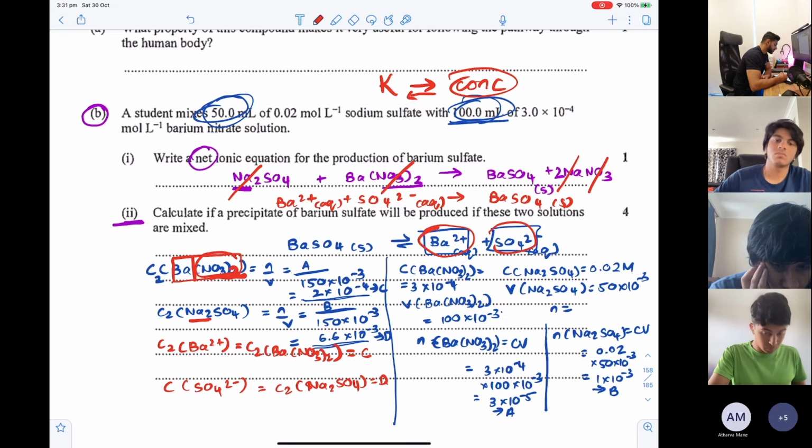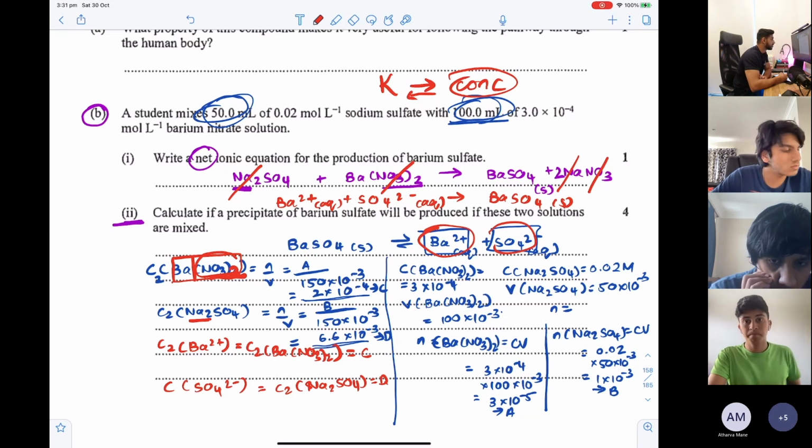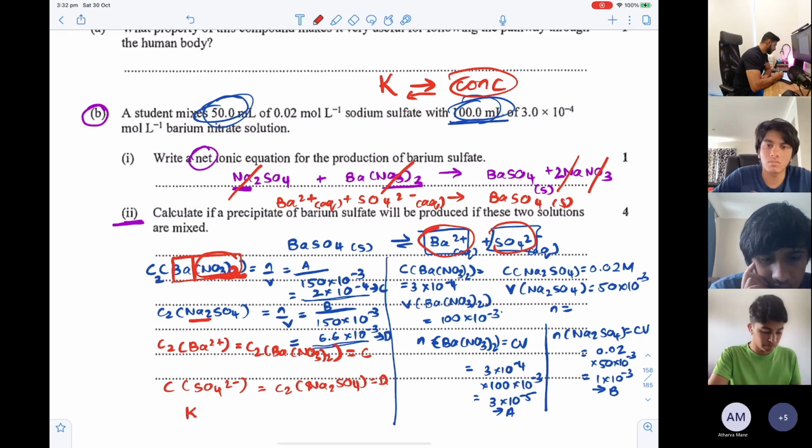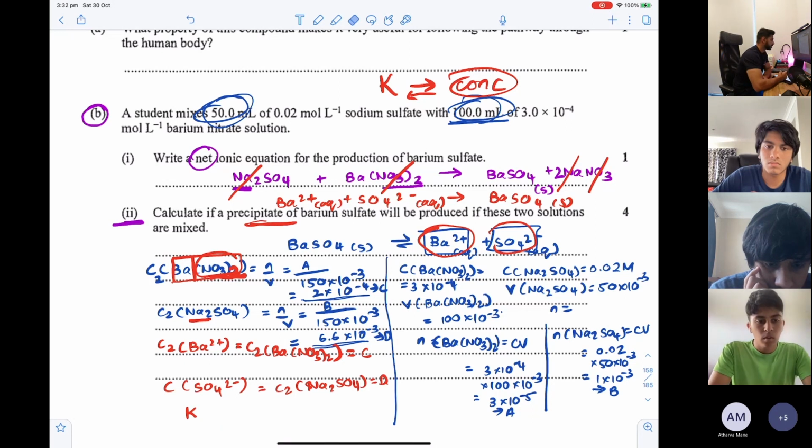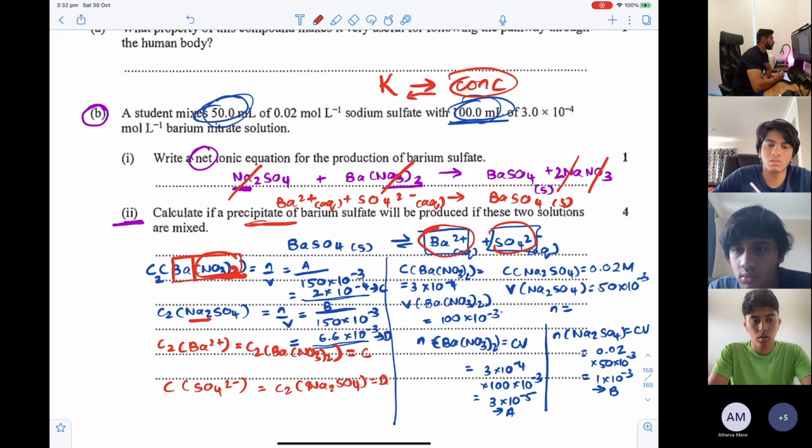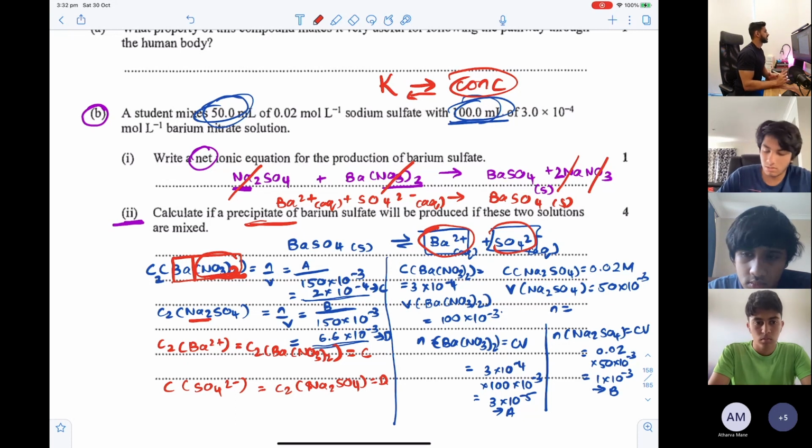So now can we not just sub in C and D for our concentrations of barium and sulfate, everyone? So we can go, well, KSP, well, we're trying to find if a precipitate will be produced. So would we call it KSP or would we call it QIP? QIP, we don't know whether it's a precipitate yet, right?